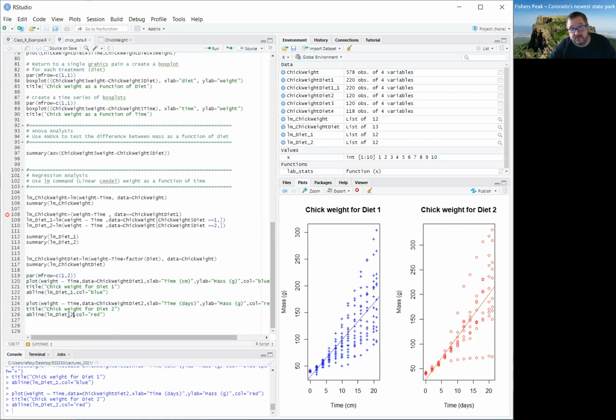Because we're telling it to use the model results as the source for abline, it's going to give us the regression line of time versus weight. So these are the fitted values.